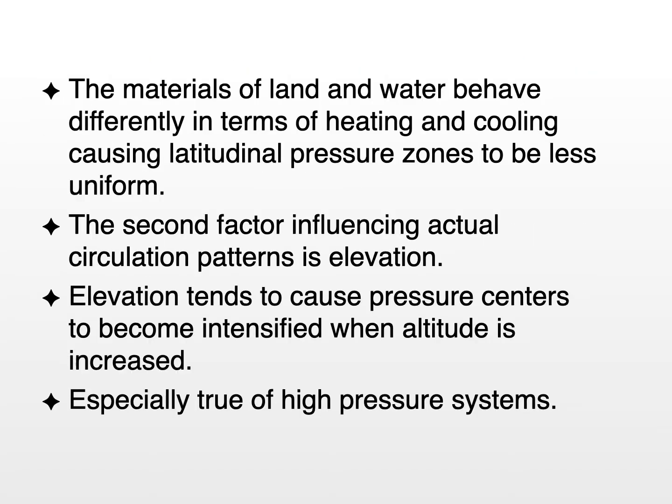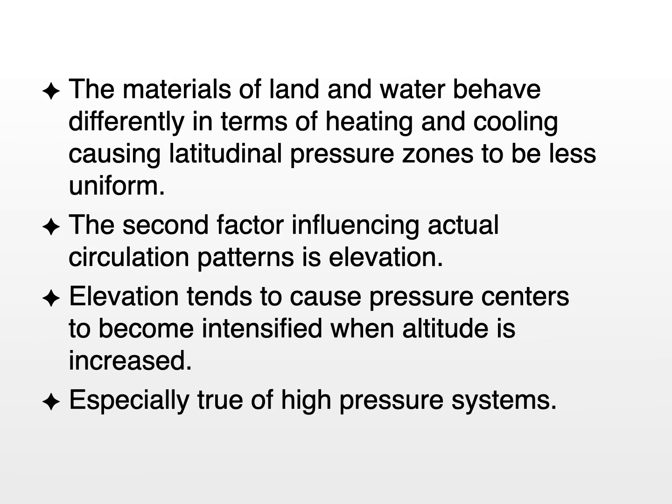So the surface materials of land and water behave quite differently in terms of heating and cooling. And this causes latitudinal pressure zones that we expect to see at 60 degrees north to be less uniform.